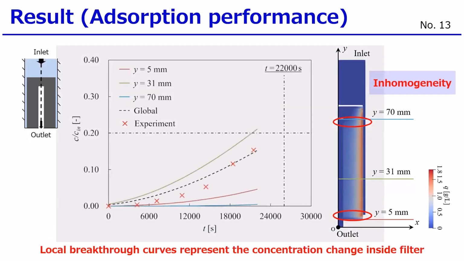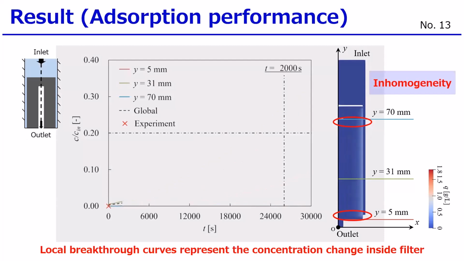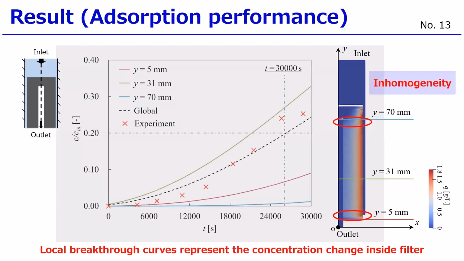This solid line shows a local concentration distribution at each local point inside the outlet channel: Y equals 70 millimeters, Y equals 31 millimeters, Y equals 5 millimeters.